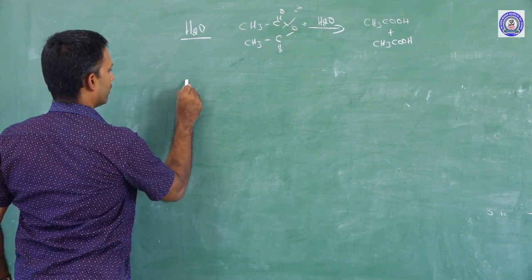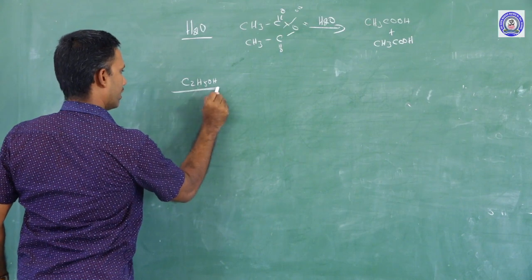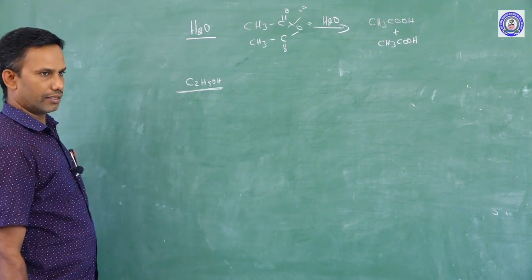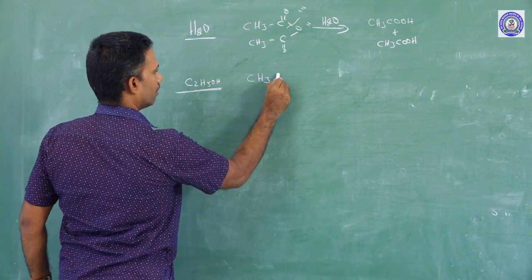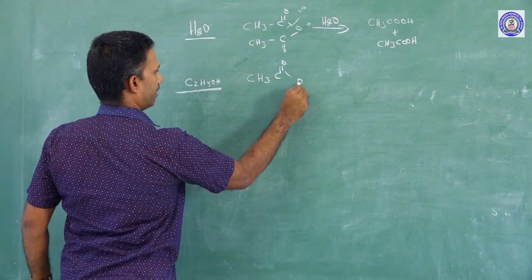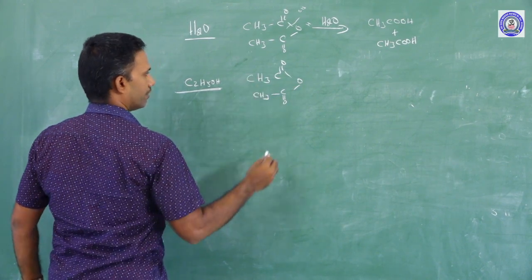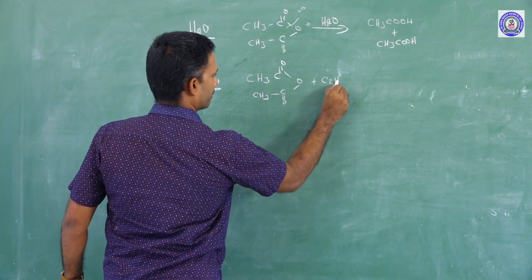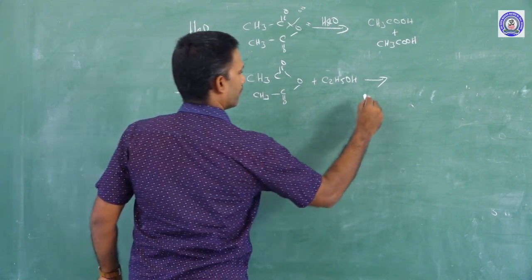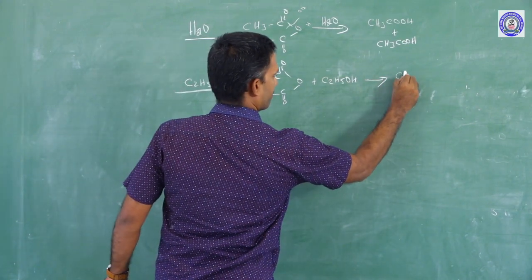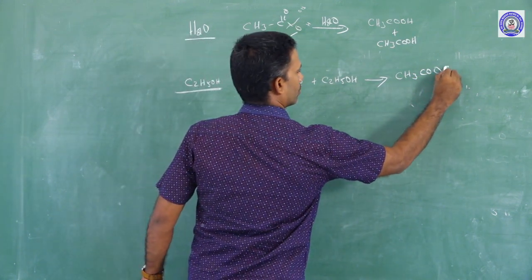Then treatment with alcohol. When acid anhydride is treated with alcohol, you get ester. This process is known as alcoholysis of acid anhydride. Treating with C2H5OH, you get CH3 COO C2H5.